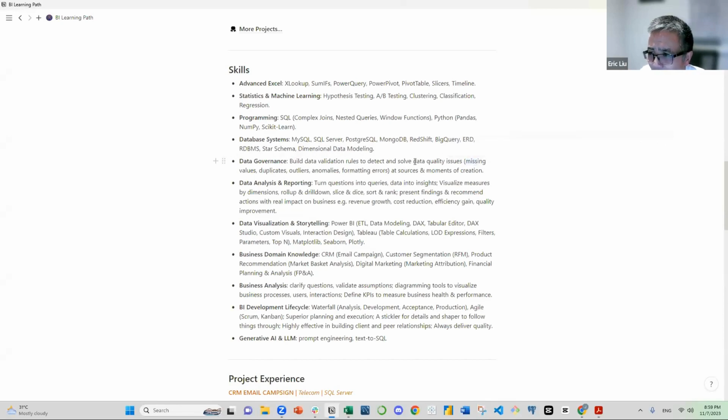So even over here, data quality issue, we don't just say data quality issues, we give people examples. So over here, we have 1 and 2 and 3 and 4 and 5. 5 different data quality issues. Missing values is definitely one. Duplicates is one. Outliers is one. Anomalies and formatting errors. So we do this.